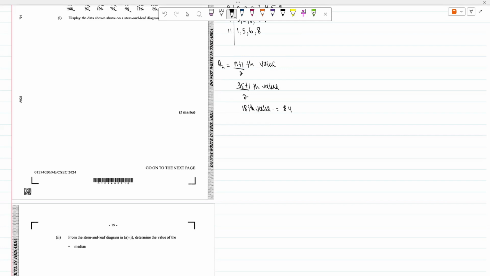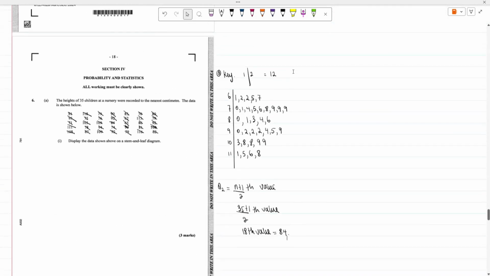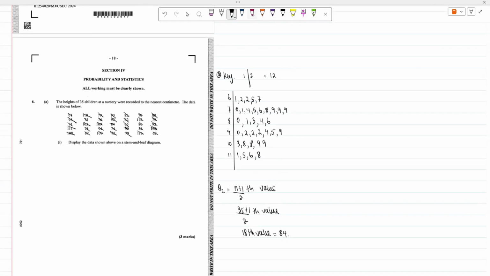Cool? Q2 is equal to 84. Now they want the lower and the upper quartile. Here is where I will advise you all to be a little cautious, right? So this here is my median. That median now splits up the first half of numbers and the second half of numbers.